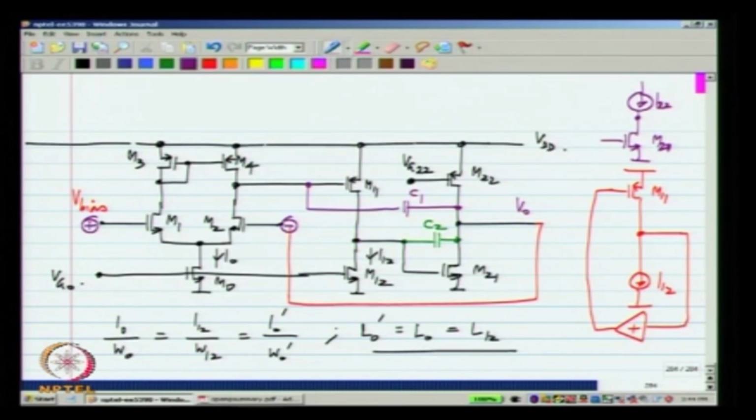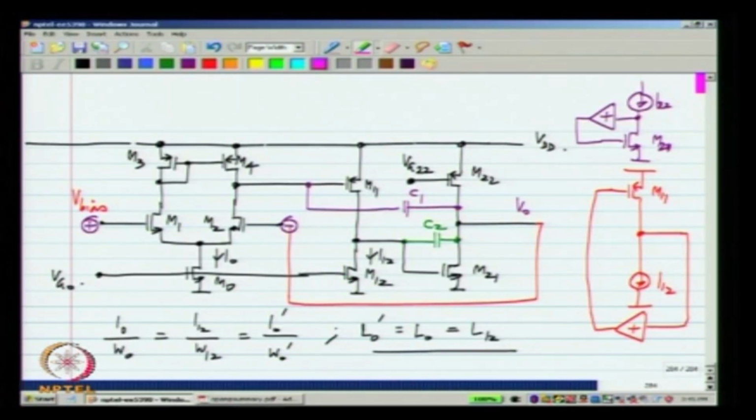So, we have a positive incremental gain amplifier connecting that way, and we know that if we do that, M21 is in negative feedback and a current of I22 flows through that. So, if there is DC negative feedback around the entire op amp, each of these stages will be in feedback and everything will be biased correctly.